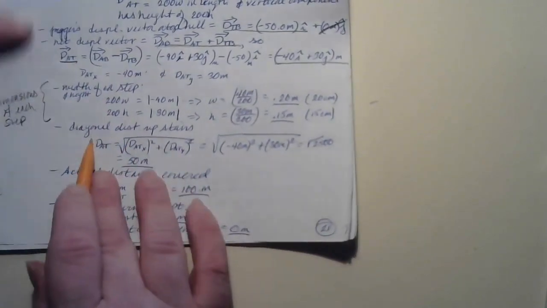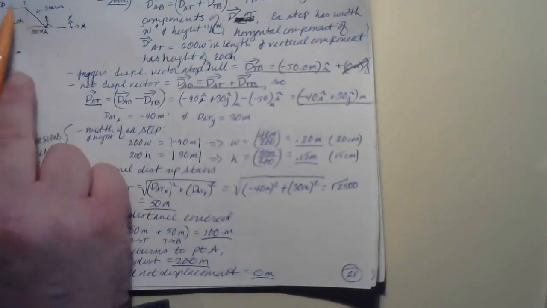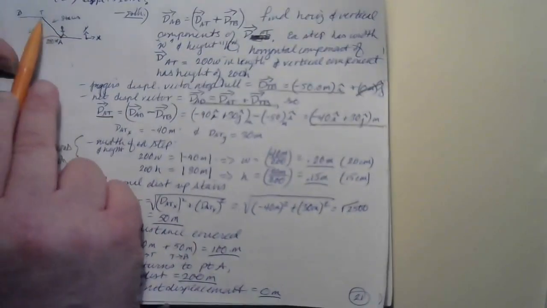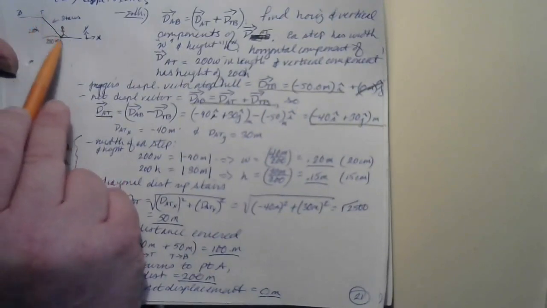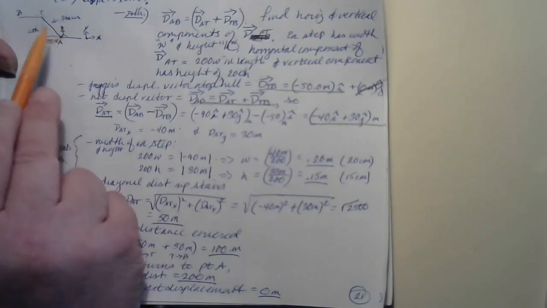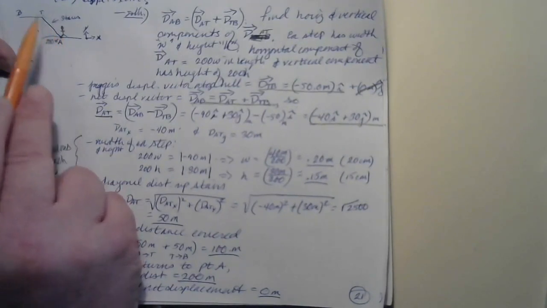And if we want the total distance covered from A to B, we've got the distance from T to B, that's 50 meters. We don't have the distance from A to T though. What we want for this is the distance going up the stairs.